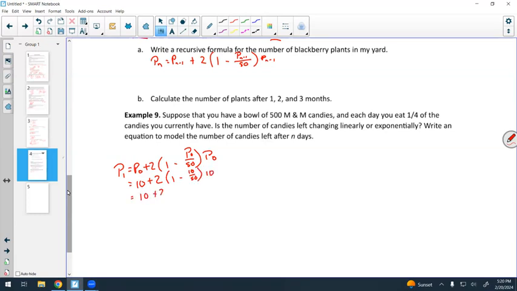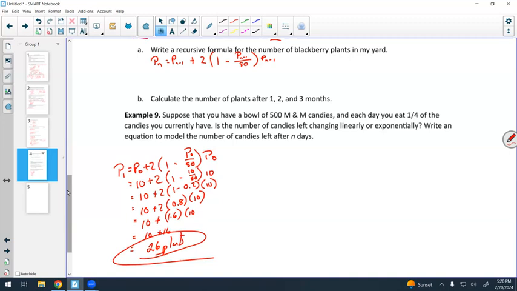We have 10 plus 2 times (1 minus 0.2) times 10, 10 plus 2 times 0.8 times 10, 10 plus 2 times 1.6... 10 plus 16. We have 26 plants. That is P1.